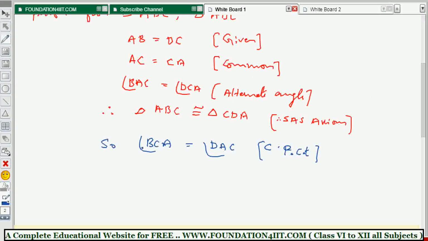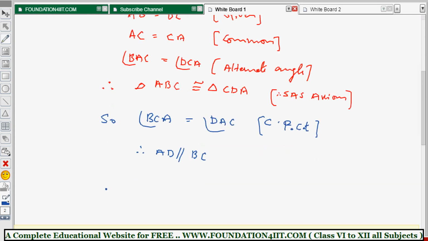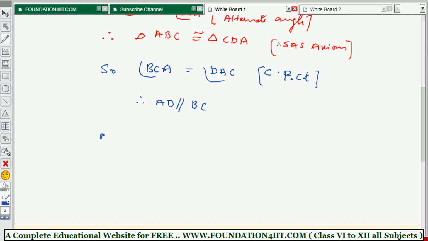Therefore, AD is parallel to BC because these are alternate interior angles. Now the given data is AB is parallel to DC, this one pair is given, and we just got AD is parallel to BC.